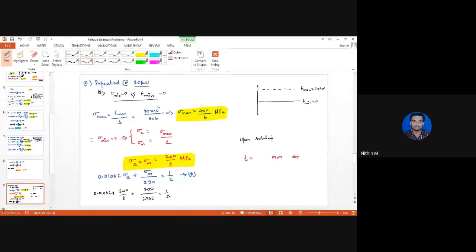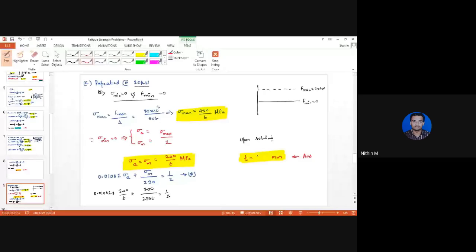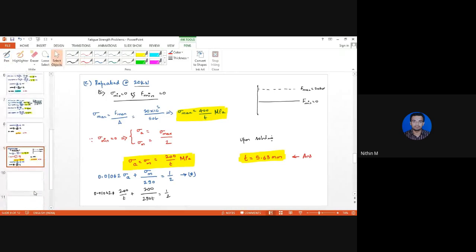This will be the answer for case 3. Sir, 5.63. 5.63 millimeters. Did everyone get the same value?